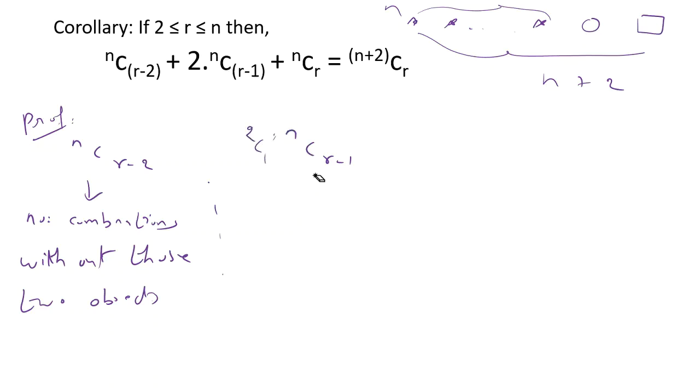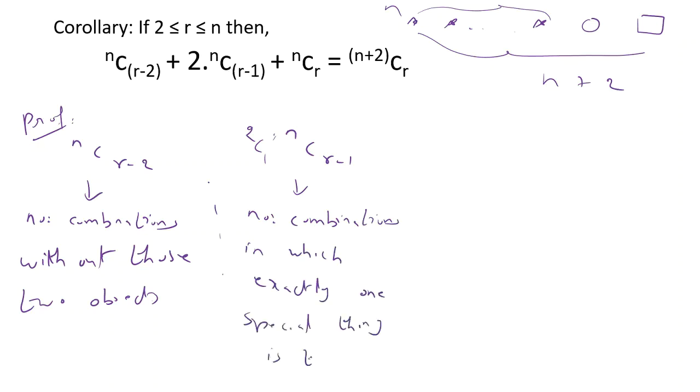So 2 times n choose r minus 1 stands for the number of combinations in which exactly one special object is there. 2 times n choose r minus 1 stands for the number of combinations in which exactly one object is there in the combination.